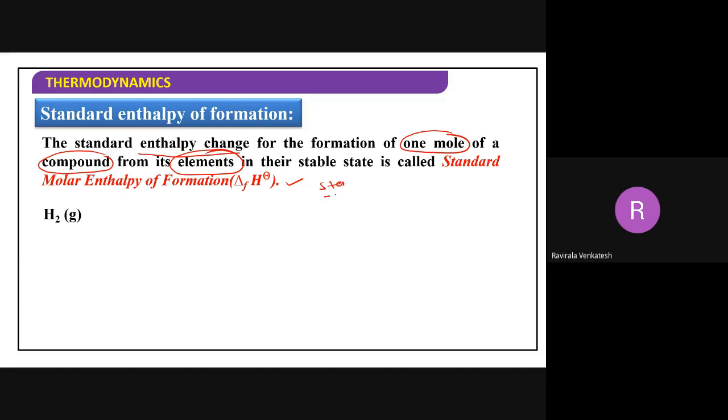Very simple, no? You can remember it like this: the enthalpy change for formation of 1 mole of compound from its constituent elements in standard conditions is called standard enthalpy of formation. Very clear, no? Everyone?